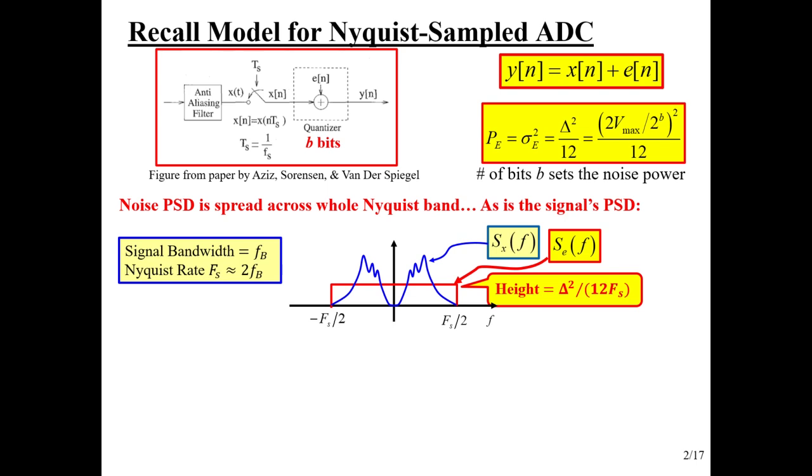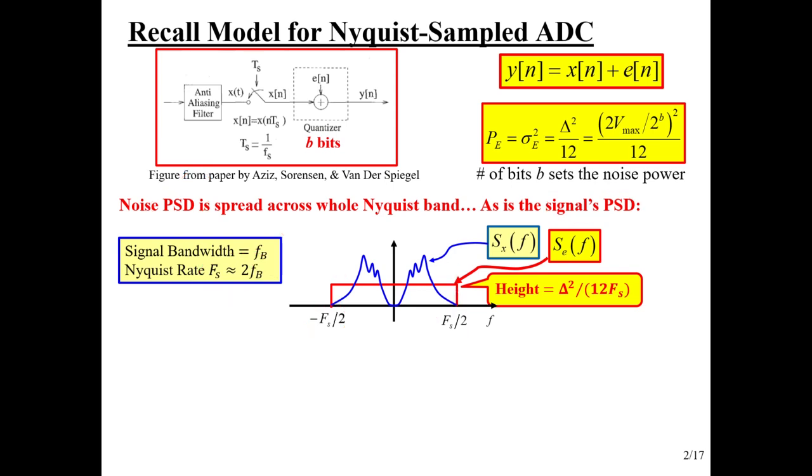The noise is spread uniformly across the whole Nyquist band, so from minus Fs over 2 up to Fs over 2. So that's the power spectral density that I'm showing here in red. And the blue is showing the signal power spectral density. Whatever it is, I just drew some interesting shape. So we'll assume that the signal bandwidth is FB and that we are approximately at the Nyquist rate, so everything is right there at the edge.